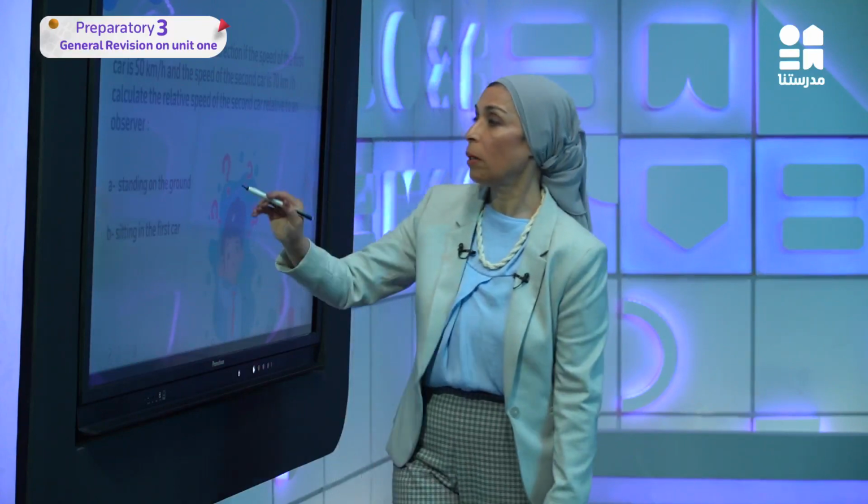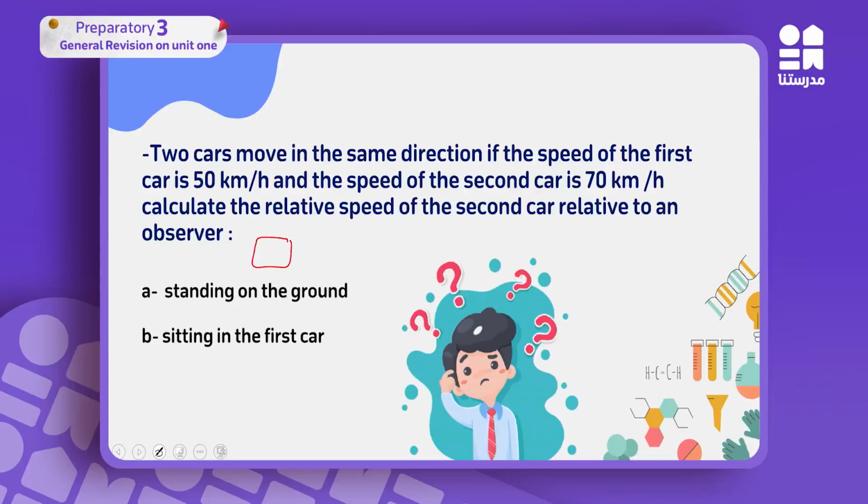So I now have two cars moving in the same direction. Let's consider the first car moving with 50 kilometers per hour and the second car moving with 70 kilometers per hour. Okay, then he wants me to calculate the relative speed of the second car.